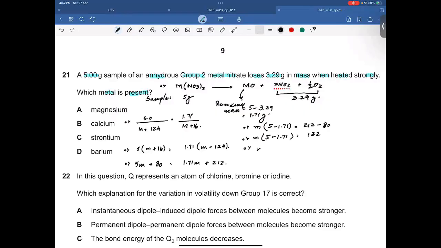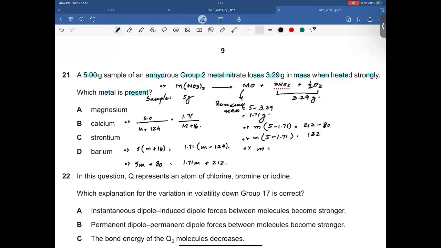Then M equals 132 divided by 5 minus 1.71. Let me check my calculation.